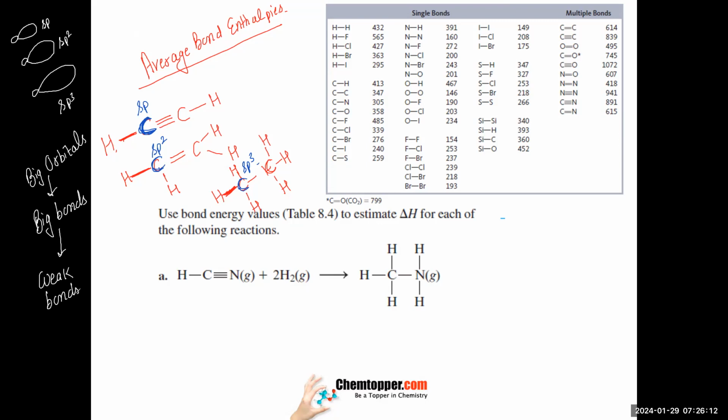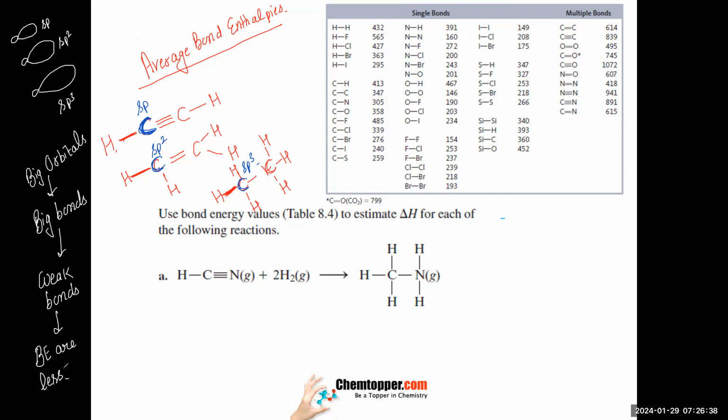Weak bonds means bond enthalpies, BE, are less. You need less energy to break the bond, or less energy is released when the bond is formed. This thing I have discussed earlier in unit 2, where we were doing bond lengths, bond strengths.